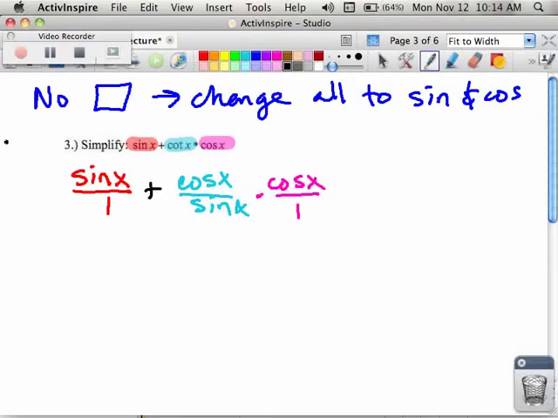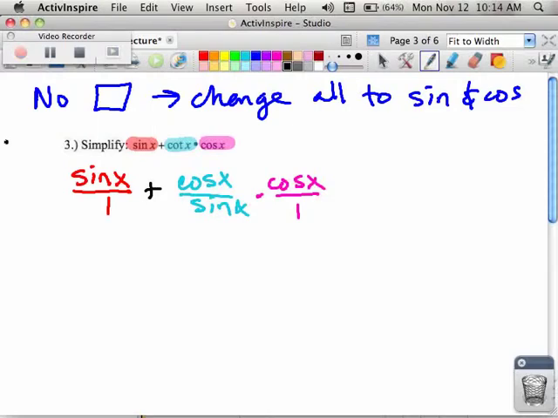And what I notice is on the right-hand side, if I were to multiply this out, I would see a fraction with a denominator of sine. But on the left-hand side, I don't see the denominator of sine. So in order to work with fractions, you always have to have a common denominator.